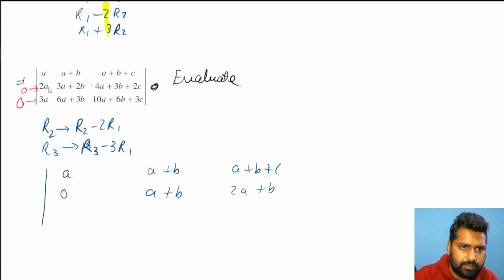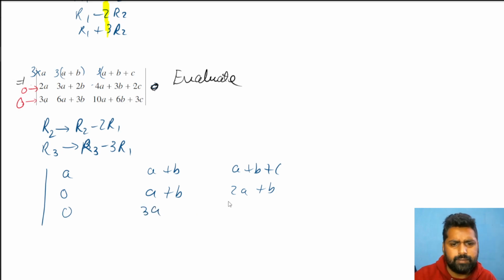All right, this is done. Now for row 3, again you have to multiply each and every element by 3 and then subtract correspondingly. 3a minus 3a becomes 0, 6a minus 3a is 3a, and 3b minus 3b becomes 0, so 3a only. 10a minus 3a is 7a, 6a minus 3b, 3b, 3c minus 3c, 0.